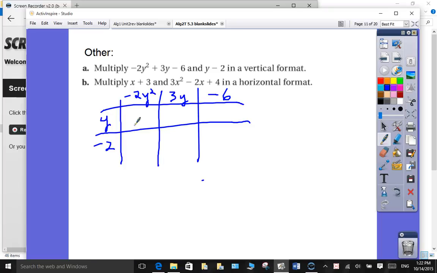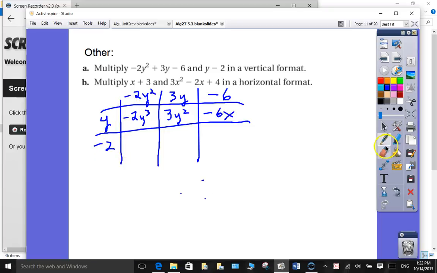Because this is properties of exponents, right? When you multiply y squared times y, you get y to the third. So this is negative 2y to the third. And y times 3y, 3y squared. And y times negative 6, negative 6y. And negative 2 times negative 2y squared.